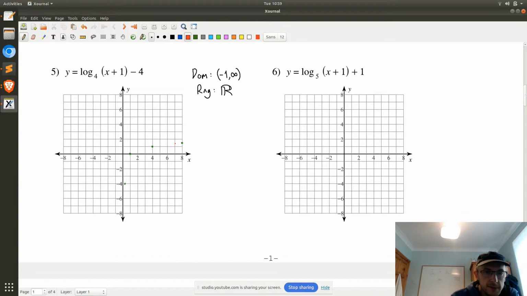So 1 to the left and then 4 downwards. There. And then 1 to the left and 4 downwards. There. And it will have an asymptote at x equals -1.